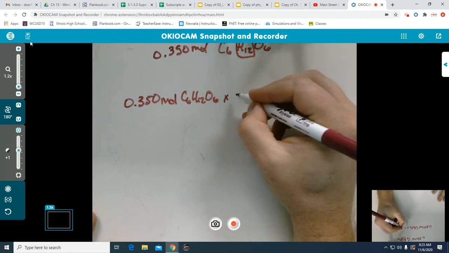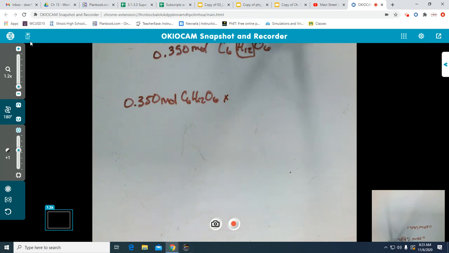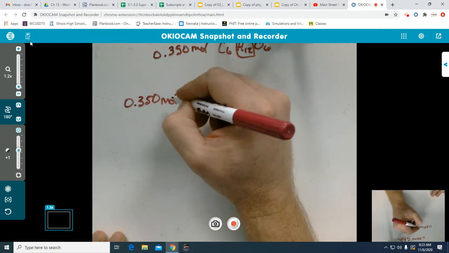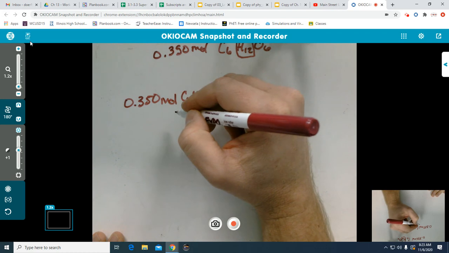And so, in order to get the number of atoms, what's our method of doing it? What's in that arrow that's between the moles and the formula units? What do we have to use? Avogadro's number, okay? And so we need to cancel out the mole here, okay?